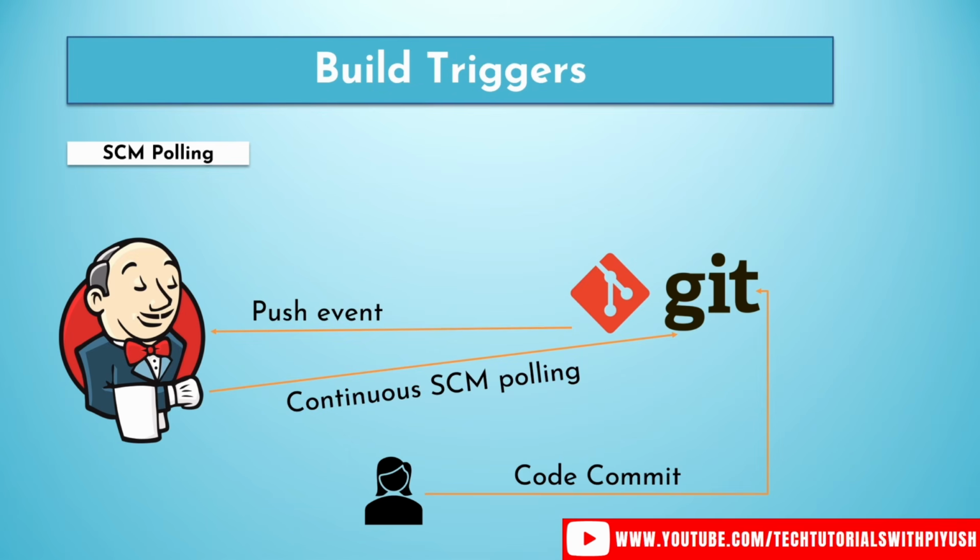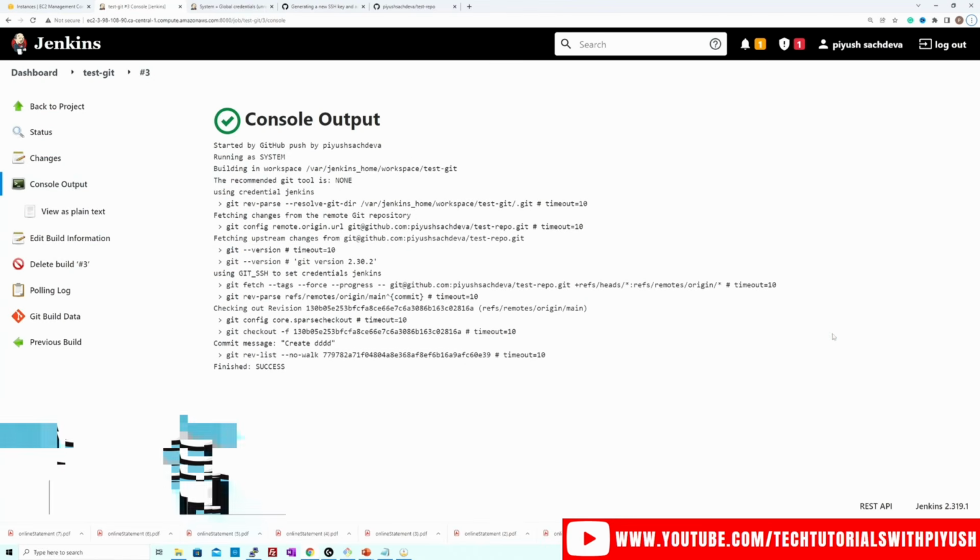This is not the recommended method because it would increase the load on the server, on the SCM repository, and it would degrade the performance of the source code repository. So that is why it is not the recommended approach. But in case you want to use it, that's how you use it.